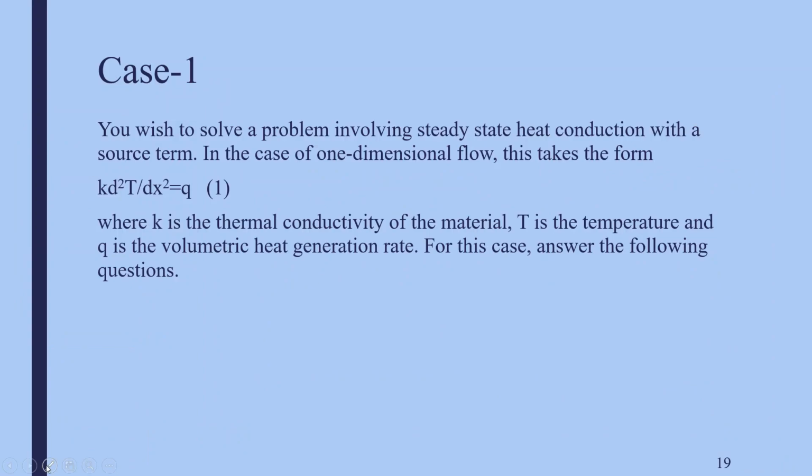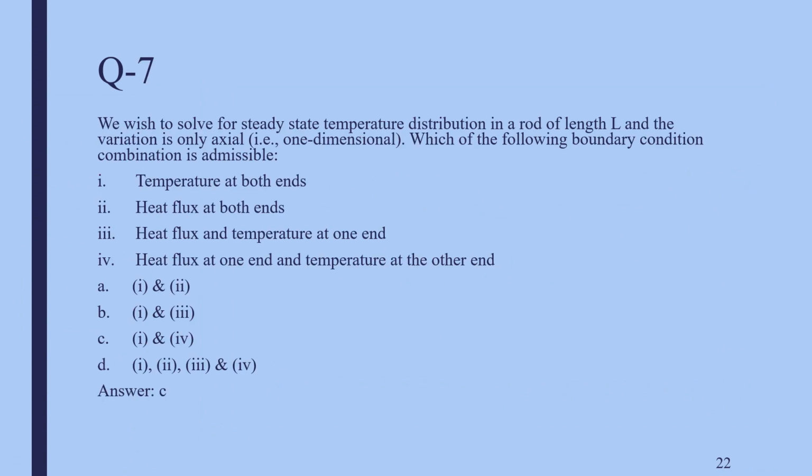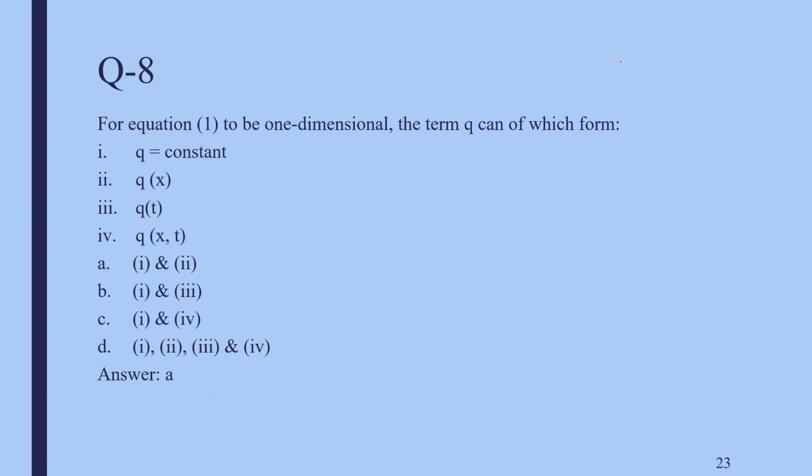For equation 1 to be one dimensional, term Q can be of which form? Q is equal to constant, Q is a function of x, Q is a function of t, Q is a function of x and t.